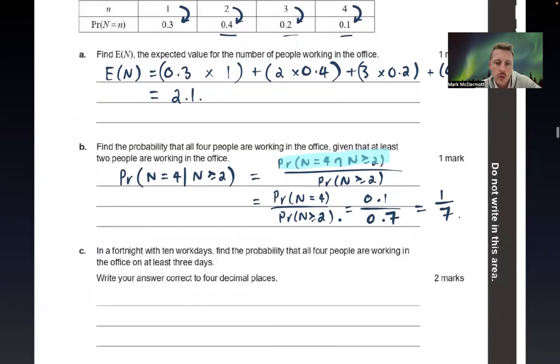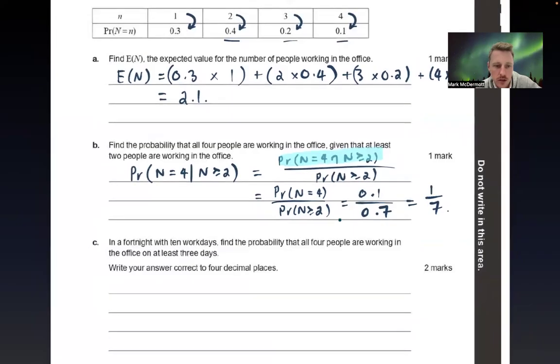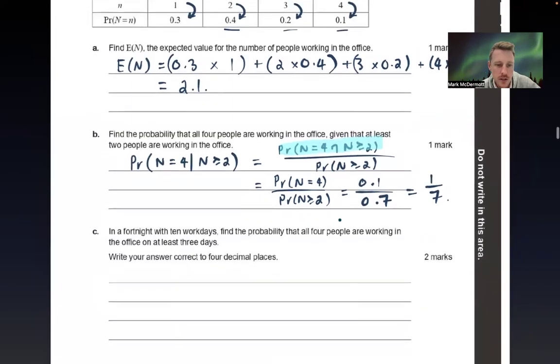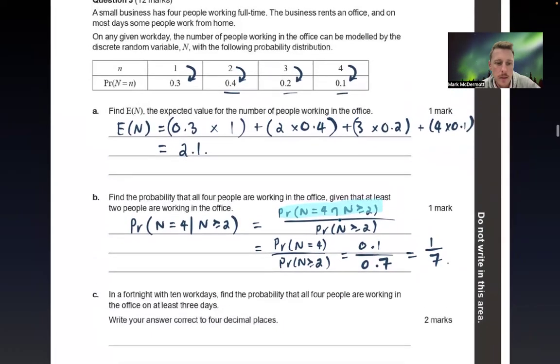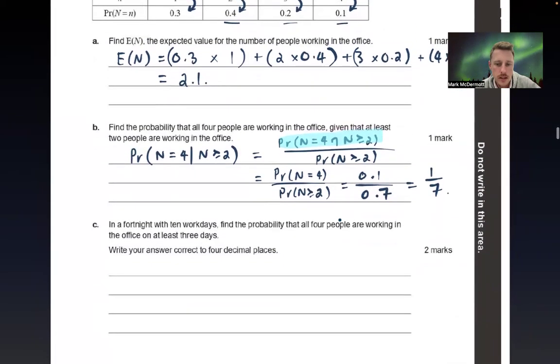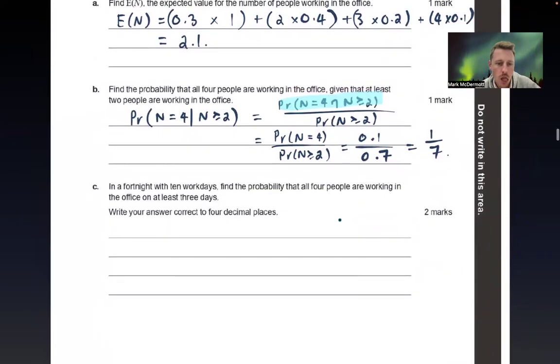In a fortnight with 10 workdays, find the probability that all 4 people work in the office on at least 3 days. Write your answer correct to 4 decimal places. Okay, this to me is sounding like it's binomially distributed with 10 workdays.